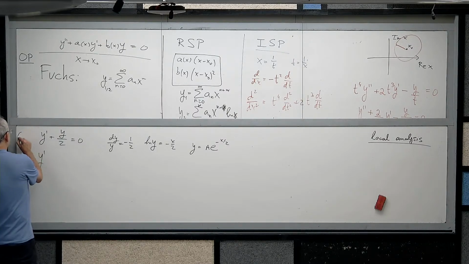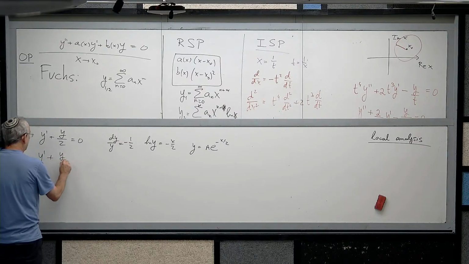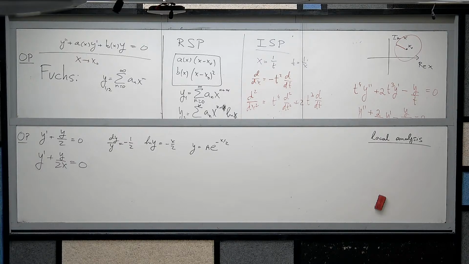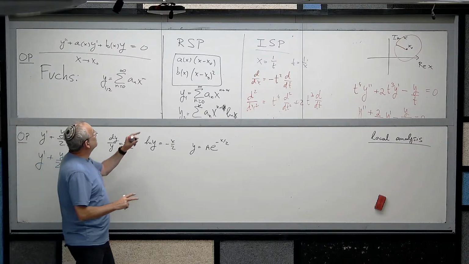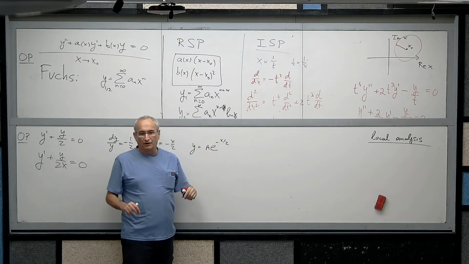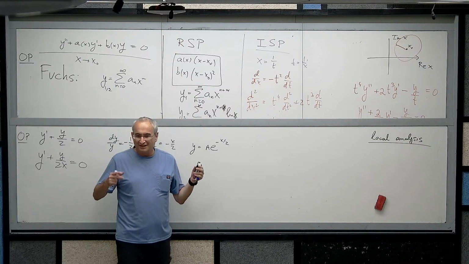So this is an ordinary point. What about the equation y prime plus y over 2x is 0? Okay, first of all I must explain what the criterion for a regular singular point is for first order equations, or second or third.